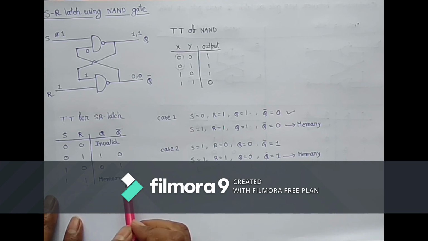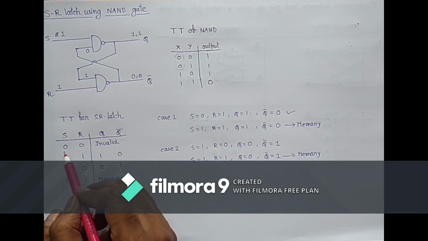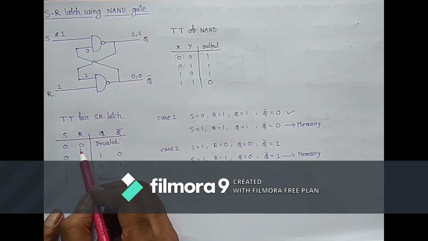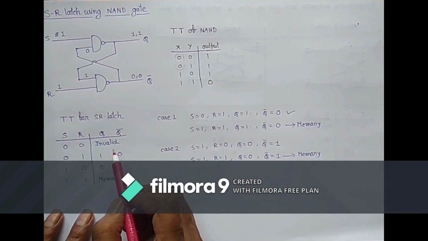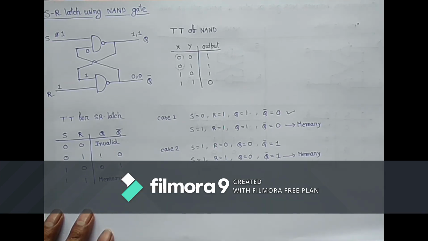Now we have to prove that for input pattern 0 and 0, the latch behaves as invalid condition. So case 3. For case 3, S is equals to 0 and also R is equals to 0.